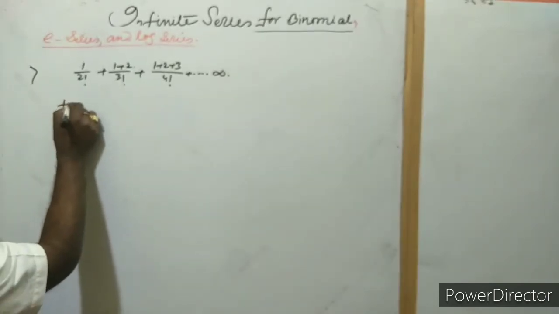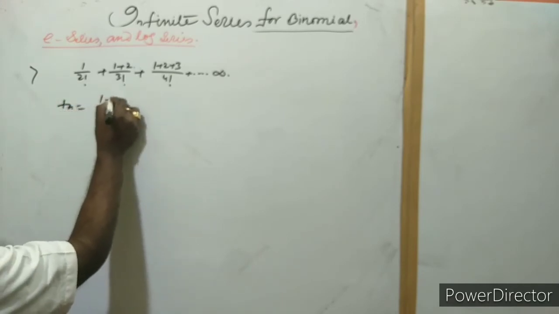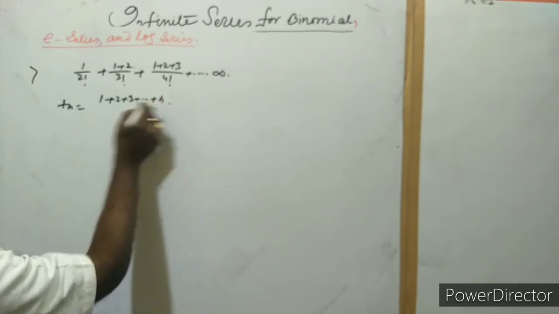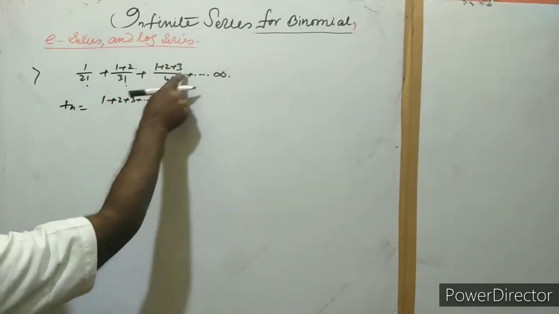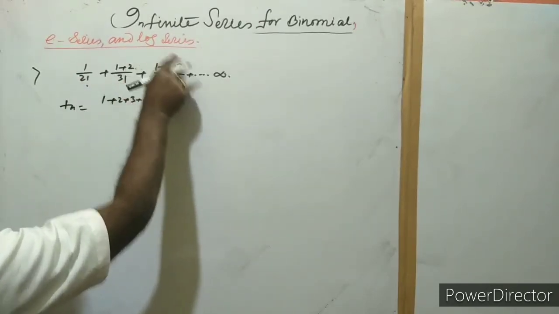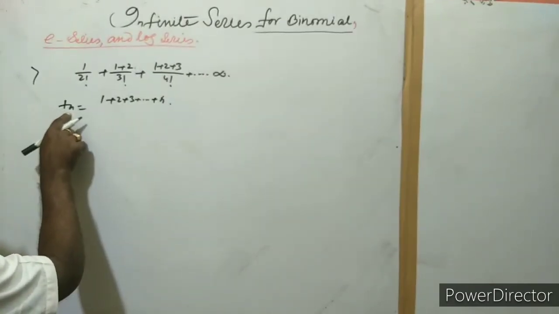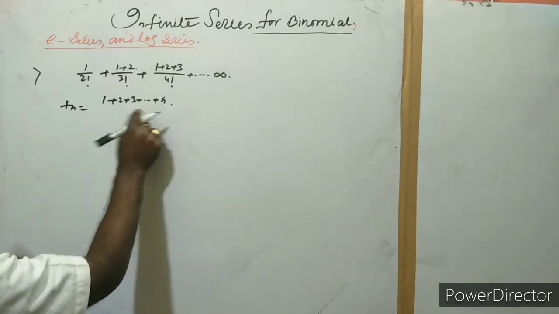So this is here Tn. We can write here 1 plus 2 plus 3 plus n. As the term is the third term, the ending term is 3. As this is the nth term, the ending term will be n here.